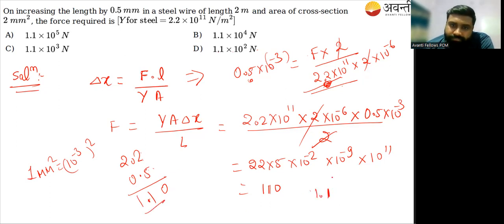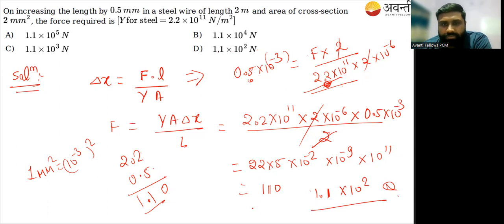So 1.1 into 10 raised to the power 2. You can write it from here also. You are absolutely correct. So option D is the correct one. Okay.